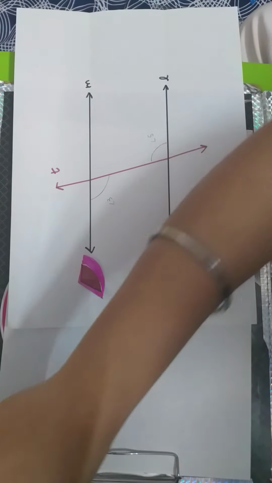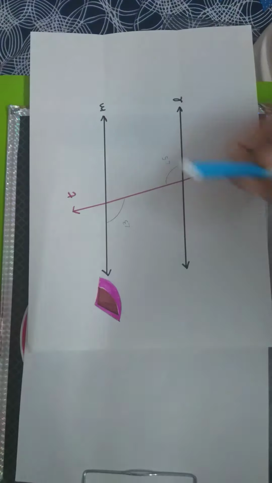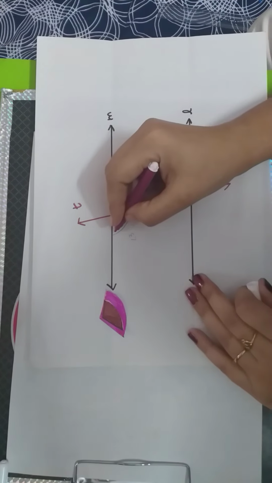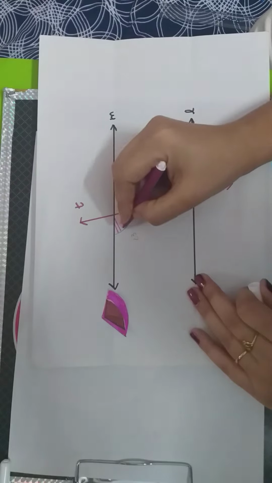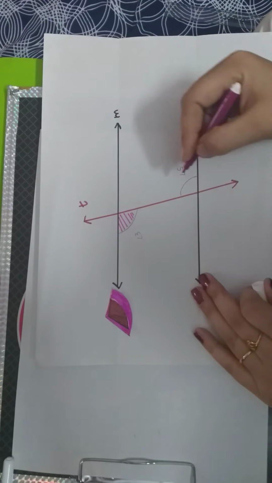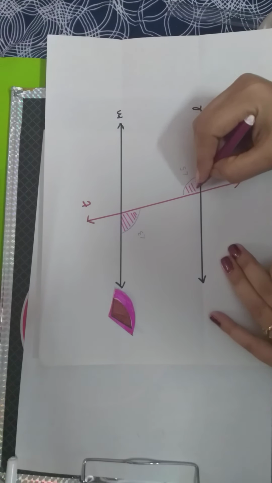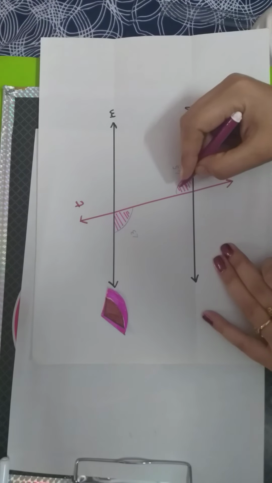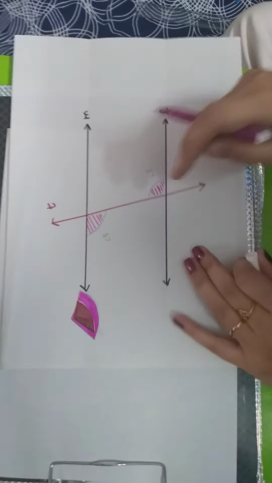So I will take one color. Suppose I have taken the pink color and now I will do the coloring over there. Angle 3 is equal to angle 5. I have taken the same color to show that they both are equal.